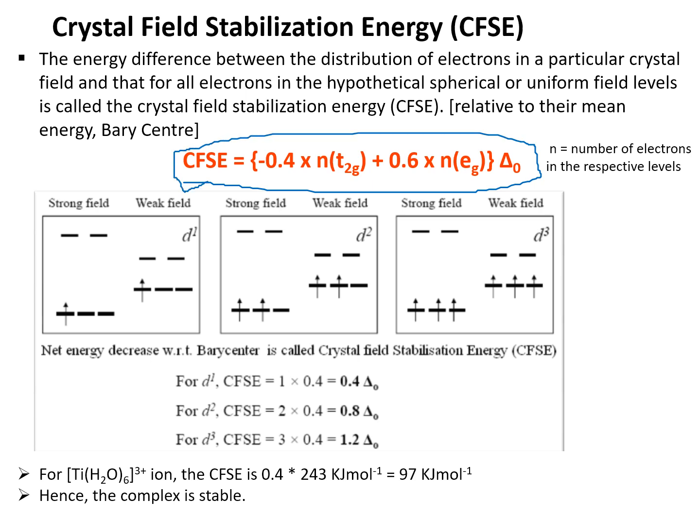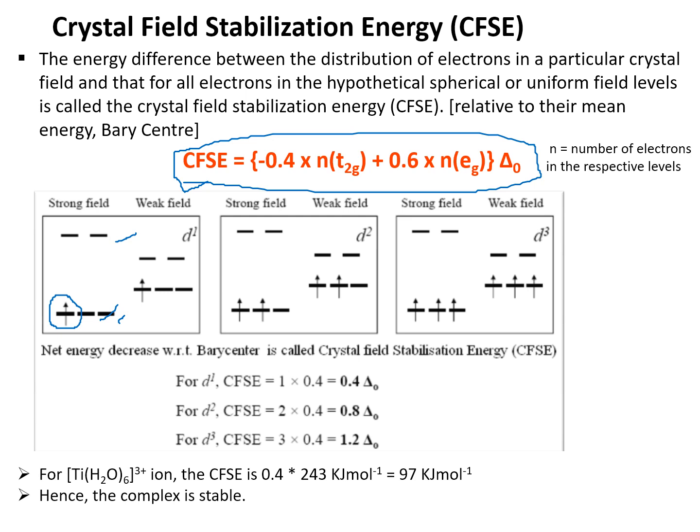Let's start with the d1 system. In the d1 system, only one electron is here. In the t2g level, we can see only one electron.